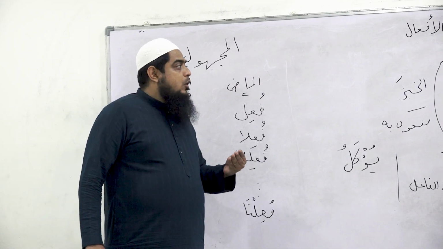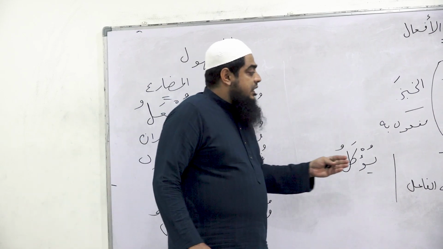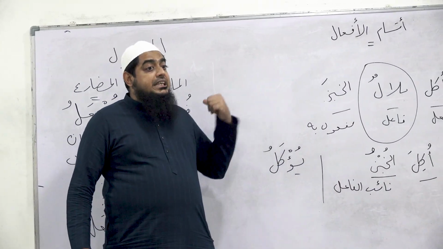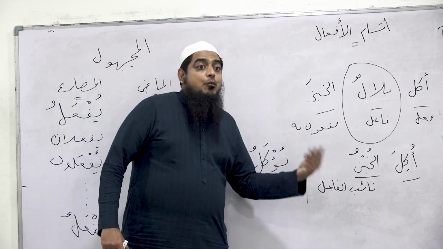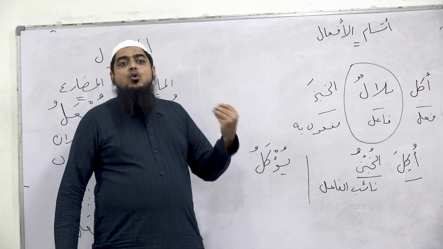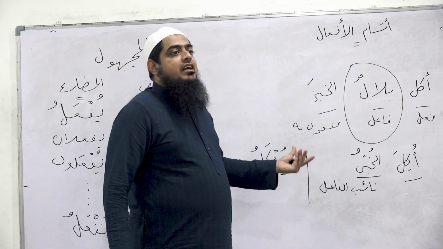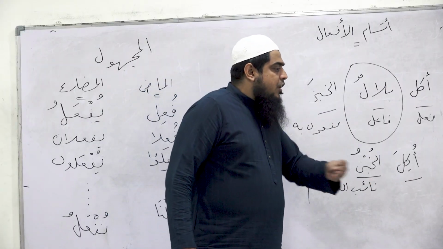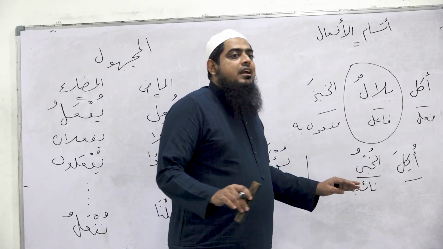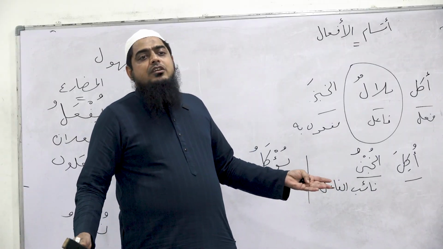Yeah, you can't, that's what I'm saying. The thing which is maf'ulun bihi will become naibul fa'il. When there is no maf'ulun bihi, how can you make majhul? That's quite clear. If you have a fi'il which has no maf'ulun bihi, then you can't make majhul of that.